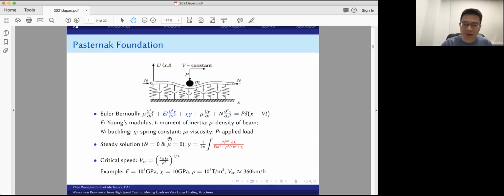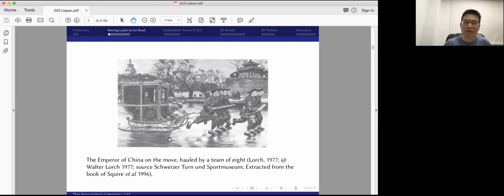Okay, so let's move on to the main problem that I want to talk about today. The main topic of this talk is that we try to use a very large floating ice sheet as a transport link. In fact, people have known how to use a very large floating structure as a transport link for a very long time. This graph is taken from Squires' book from 1996.